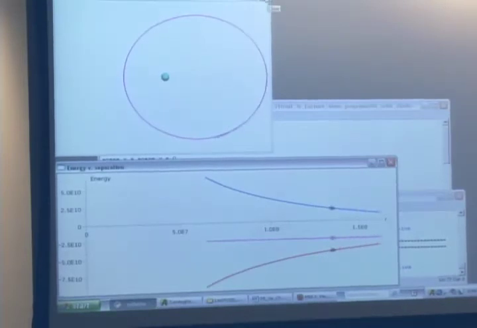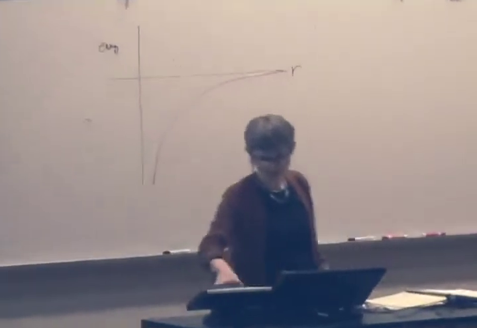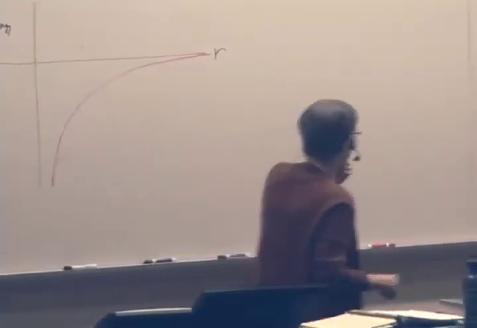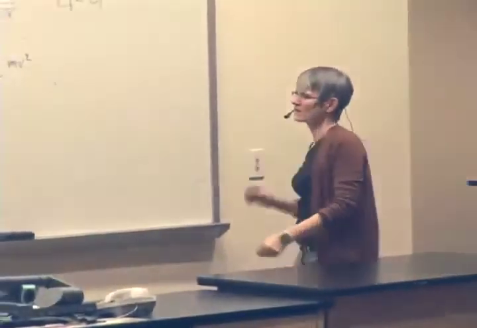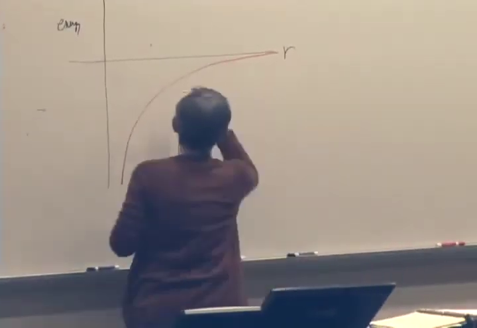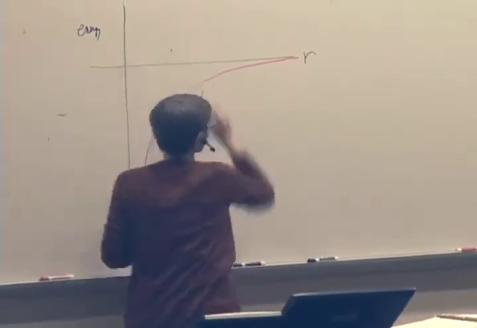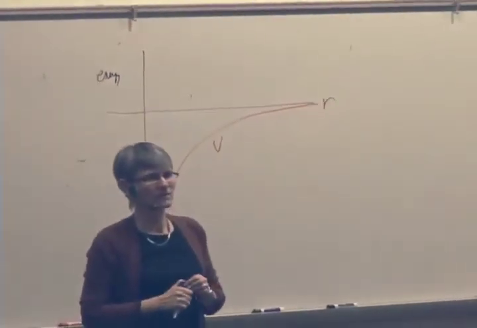So let's think about what kinds of graphs we might see of K plus U. What we saw for this particular system was this was the gravitational potential energy. Could kinetic energy ever be negative?